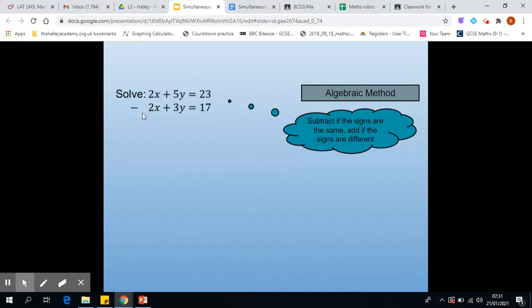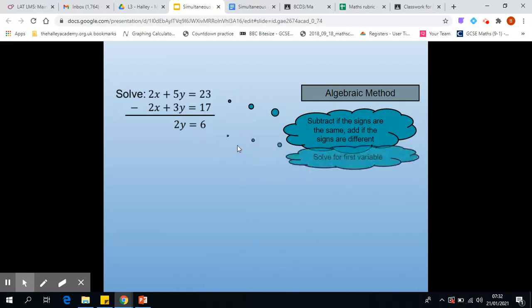I can only eliminate by subtracting the equations in this case, which gives us 2x take away 2x, which is 0x. 5y take away 3y is 2 lots of y, which is equal to 6. Now dividing by 2 on both sides gives us y equal to 3.